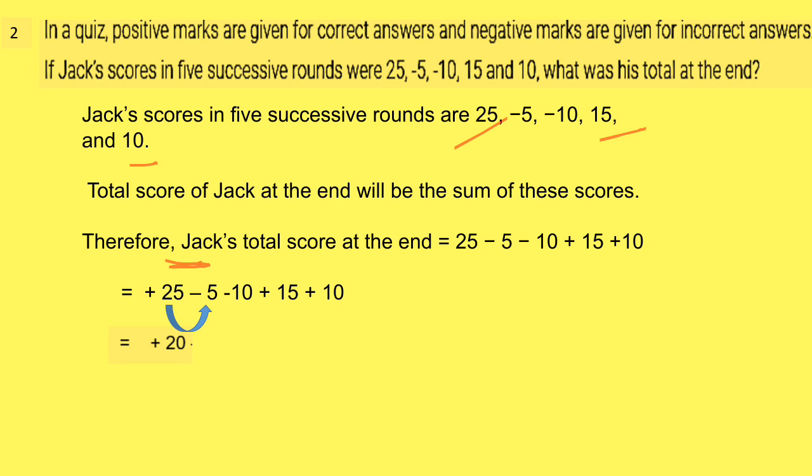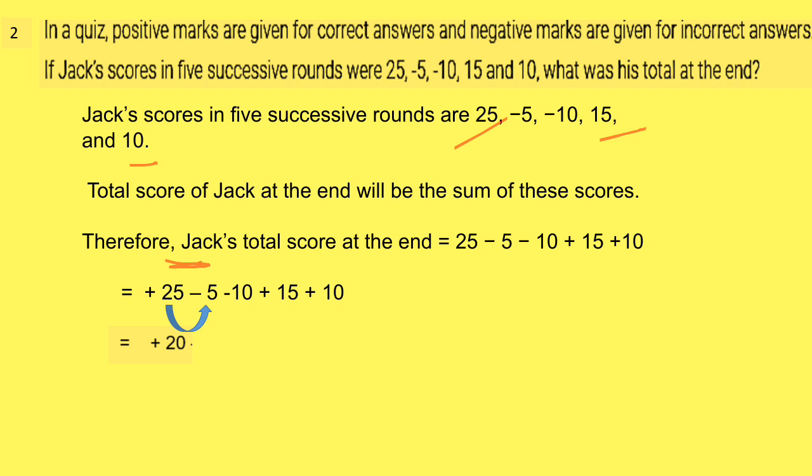So I will write plus 20. Is it clear? So first I have taken 2 integers, plus 25 and minus 5. Both are different signs, so I am going to subtract the smaller number from the bigger one. So 25 minus 5 is 20, and the symbol of the bigger number is plus. So I have written plus 20.